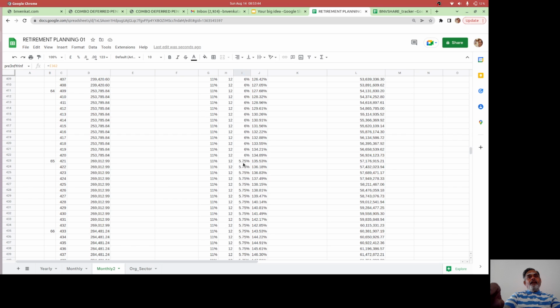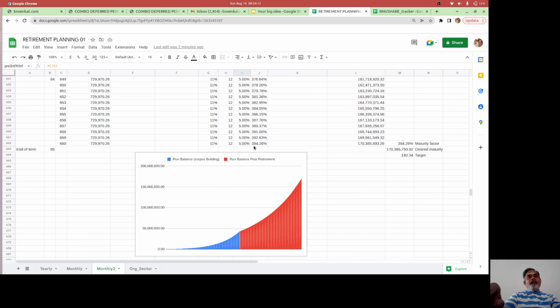It changed to 5.75% at 65 years, 5.5% at 70 years, 5.25% at 75 years, and 5% at 80 years onwards.